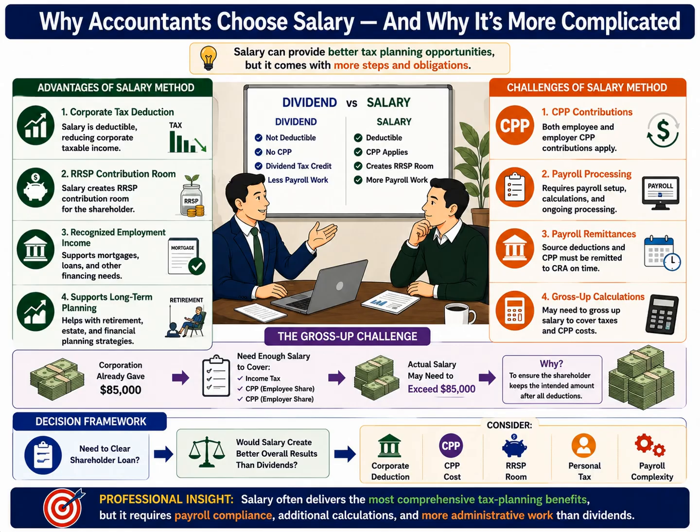However, those benefits come at the cost of increased compliance requirements, additional calculations, payroll obligations, and greater administrative complexity. For that reason, the decision between salary and dividends is rarely based on a single factor. Instead, it is a balancing exercise that considers both tax efficiency and practical administration to achieve the best overall result for the shareholder and the corporation.